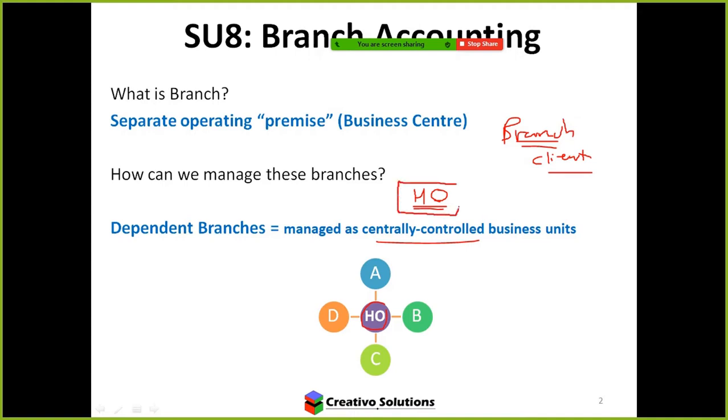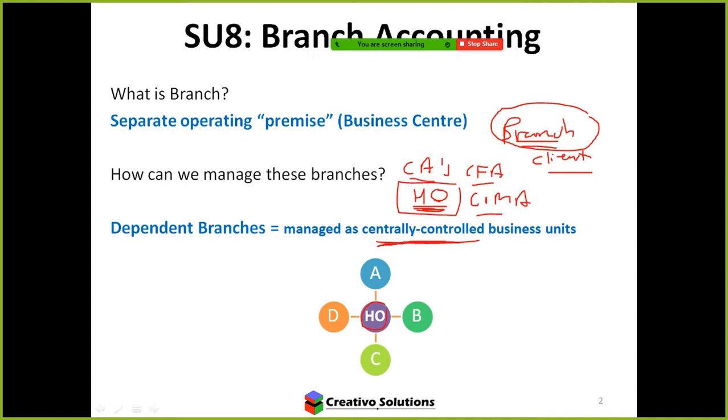You're not going to find branch managers at a head office. At a head office level, you're going to find maybe CAs, CFAs. Those people are going to be sitting at head office, and they're going to be running the entire organization, not just one little branch. So you can see that the decision making is obviously at a higher level as well.